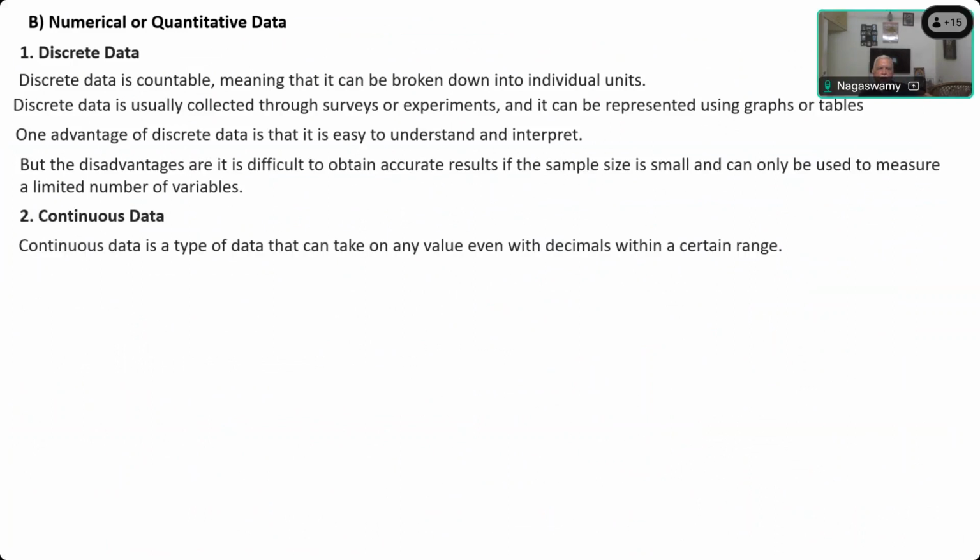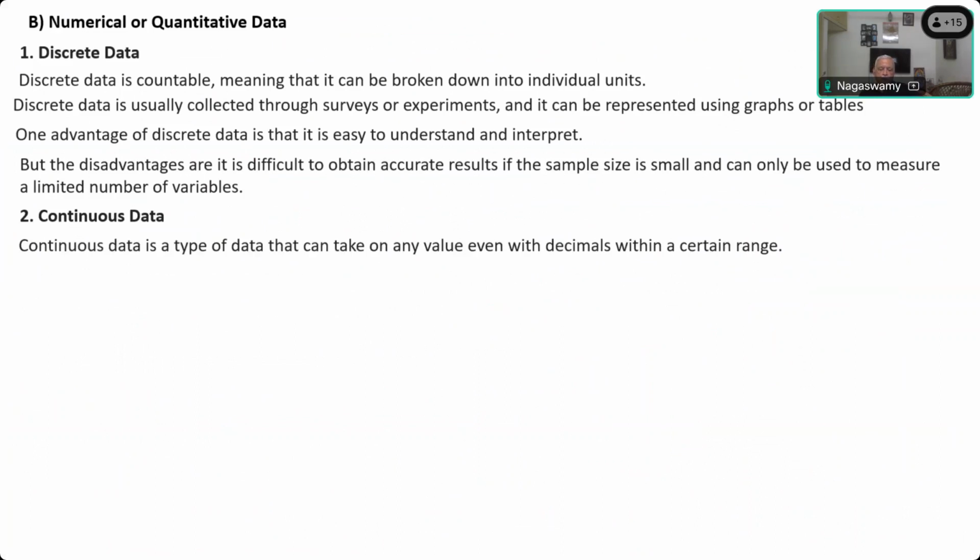Continuous data is a type of data which can take on any value, even with decimals. So for example, in discrete data, if you ask how many kids you have, you can say only 3 kids, and you cannot say you have 3.2 kids. Whereas in continuous data, you can say you have a temperature of 37.8 or a height of 150.4.